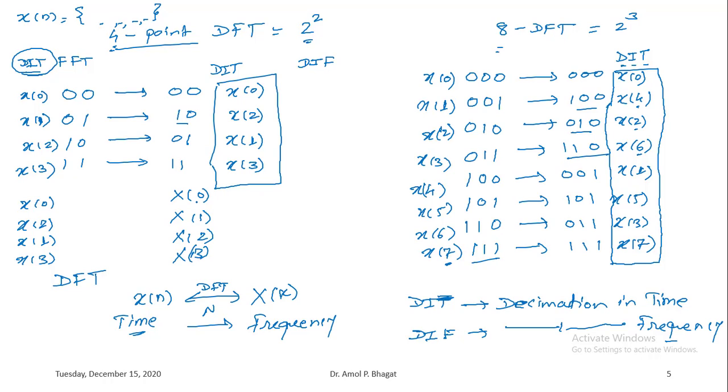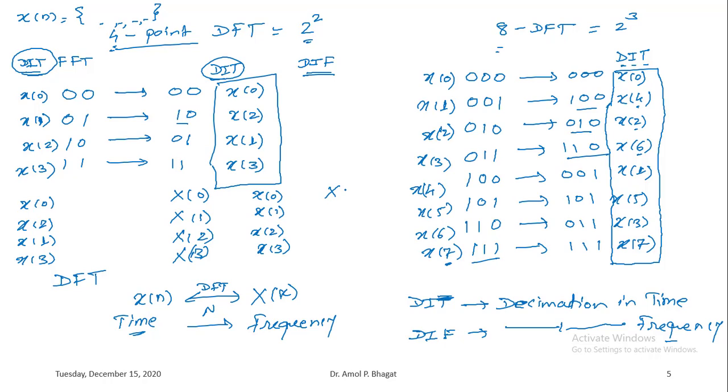So your input small x is decimated, but the output, capital X, is in sequential form. But if it is DIF FFT, in that case your inputs will be in sequential form, small x of 0, x of 1, x of 2, and x of 3, but the output will be decimated because we are using decimation in frequency.